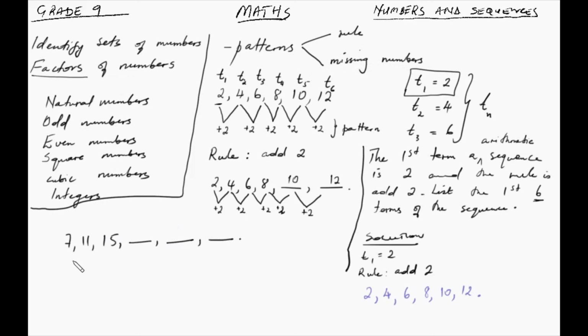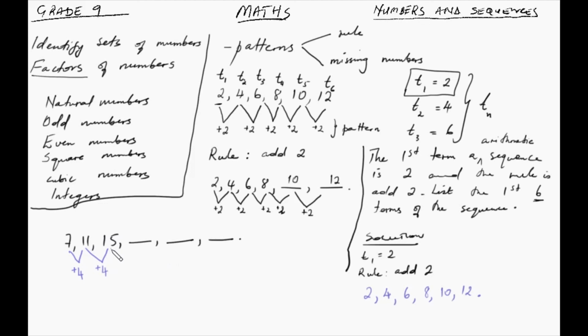So what is the pattern here? From 7 to 11, what has been done? We had 7 to get 11, so we added 4. From 11 to 15, what has happened? We had 11 to get 15, so we added 4.